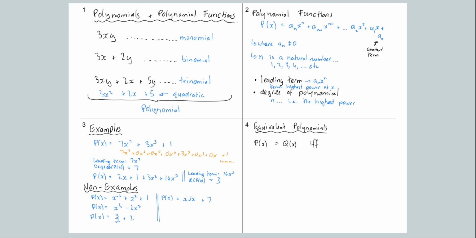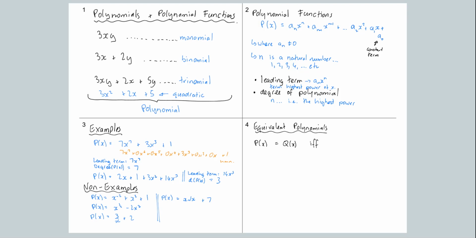Now, last thing I'll do in this video, and this is all just orientation to polynomials and polynomial functions, two functions are said to be equivalent, are the same, under what conditions? Well, two polynomials are the same or equivalent if their corresponding coefficients are equal.